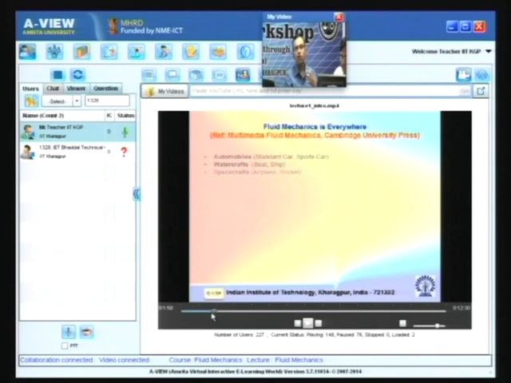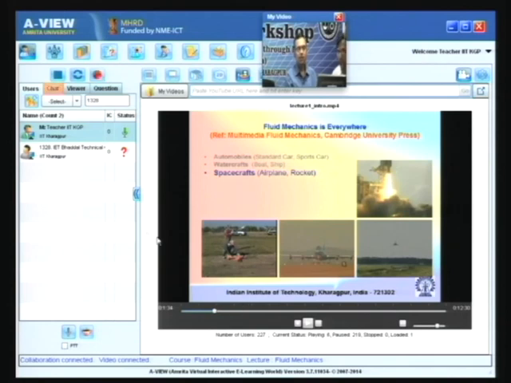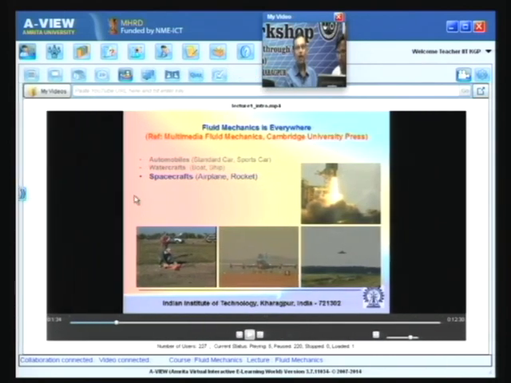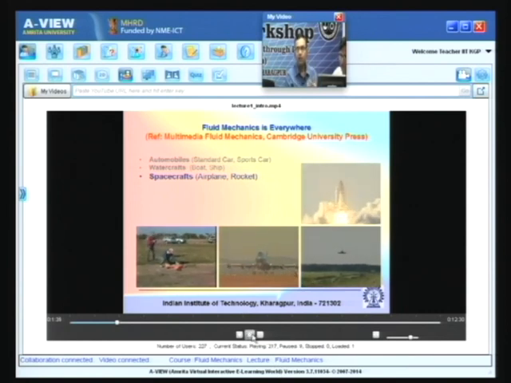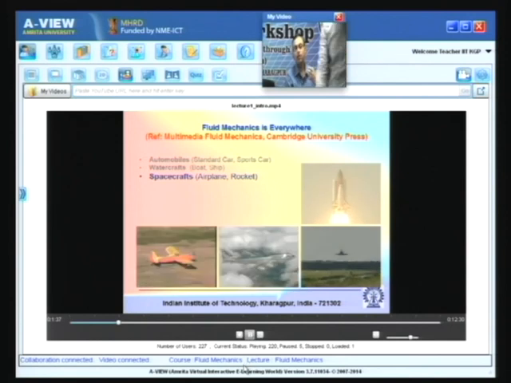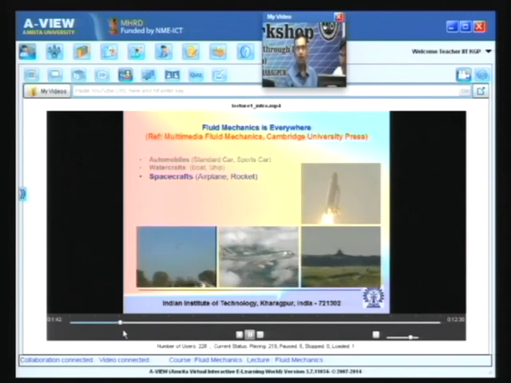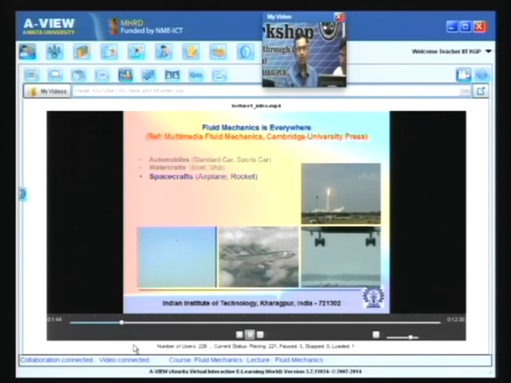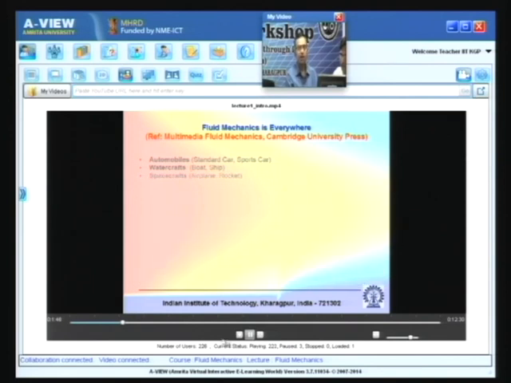Sometimes the flow is visualized because of the emission of gases, and this type of flow visualization is one of the traditional ways in which one can visualize the flow from a technical perspective. So you can visualize the flow that is taking place in many of these applications. Let us go to the next example.